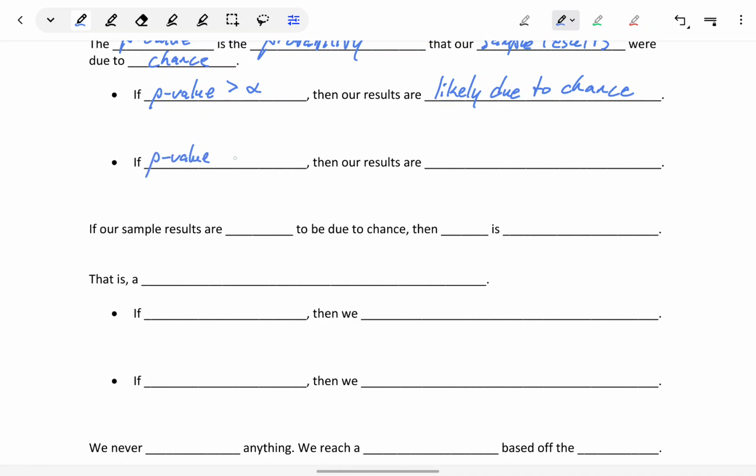If our p-value is less than or equal to alpha, then our results are unlikely to be due to chance.